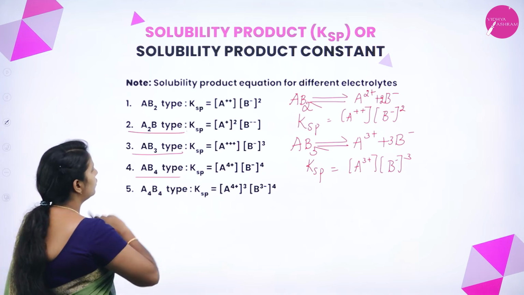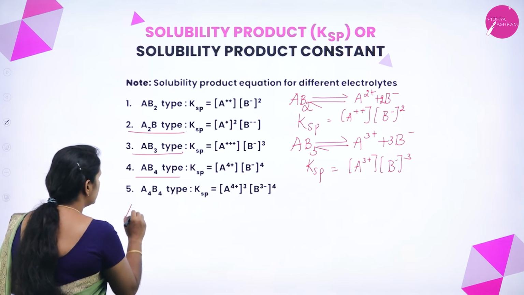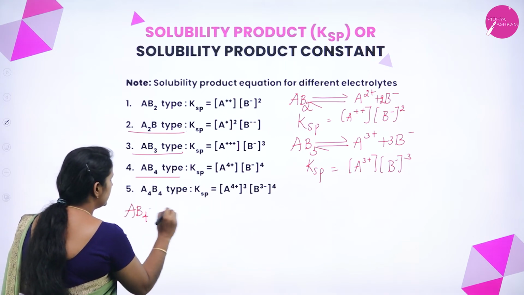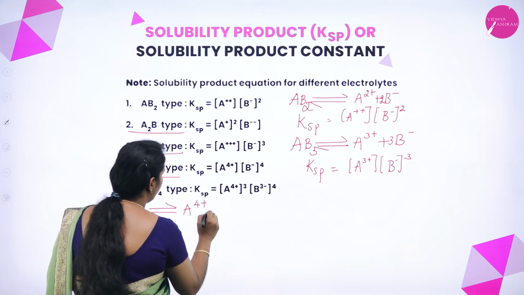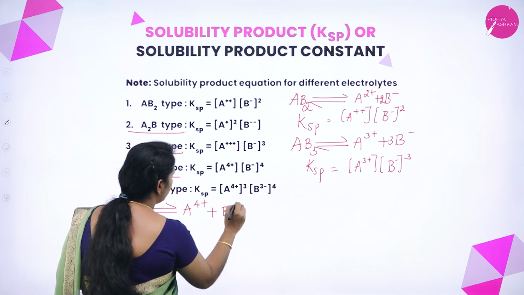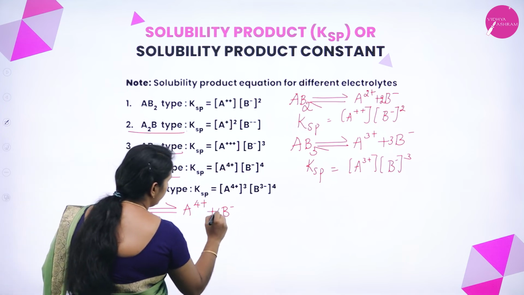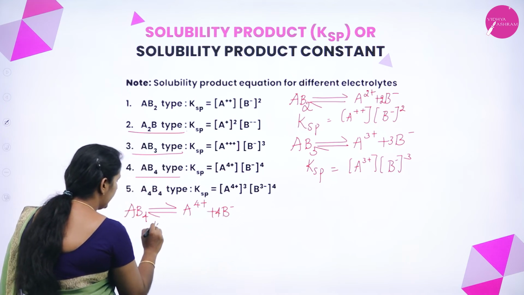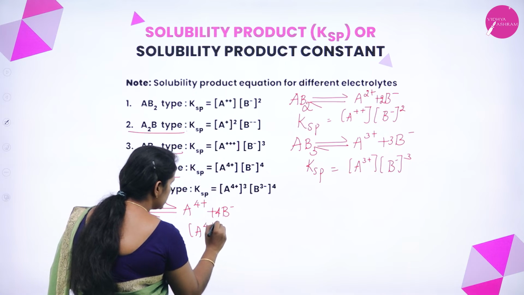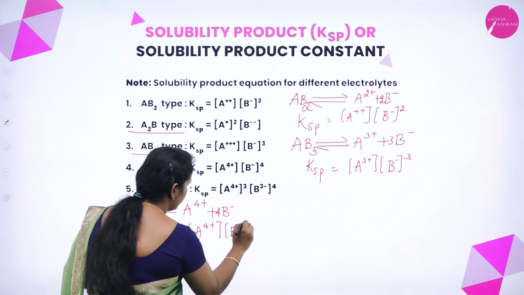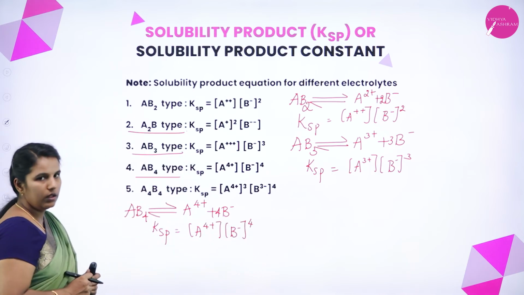Similarly, for AB4 type, how can we write? AB4 will be dissociated to give A4+ and B-, B will be 4. So, the KSP value will be the molar concentration of A into the molar concentration of B raised to the power of 4.